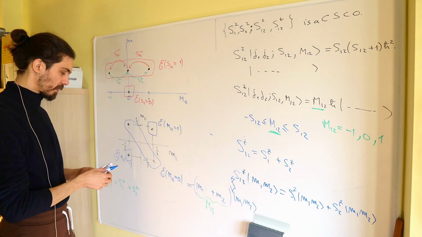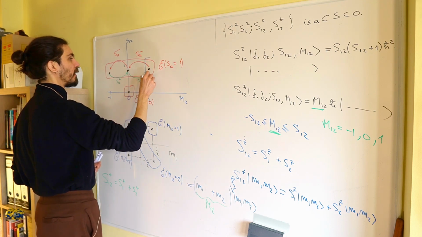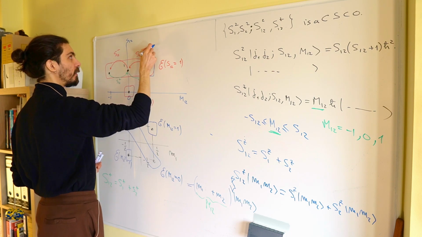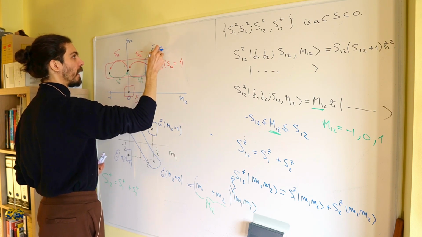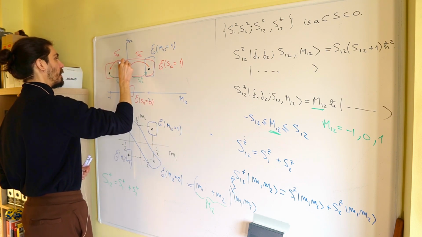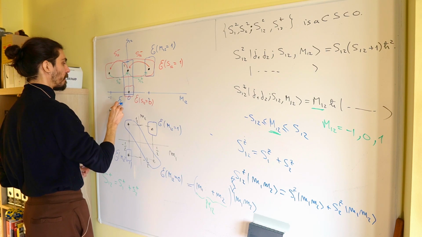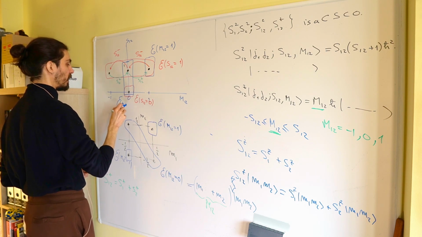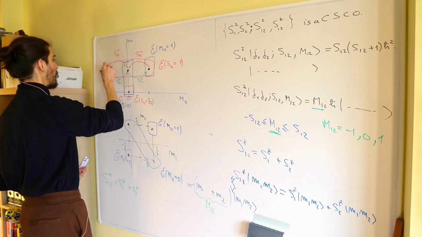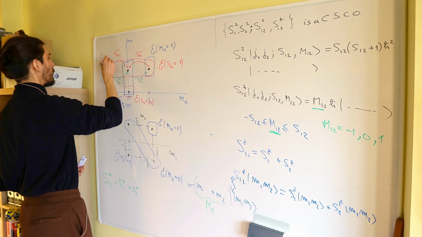But now here's something interesting. We also find here, can you see? M12 is 1, so this is the subspace E with M12 equal to 1. Here we find the subspace E with M12 equal to 0. Can you see on the horizontal axis? Here we find the subspace E with M12 equal to minus 1.